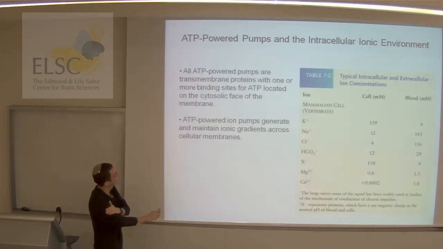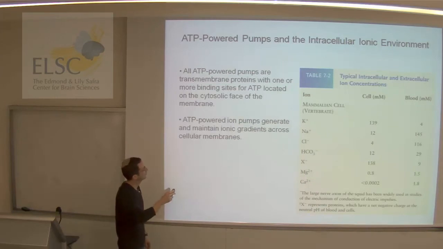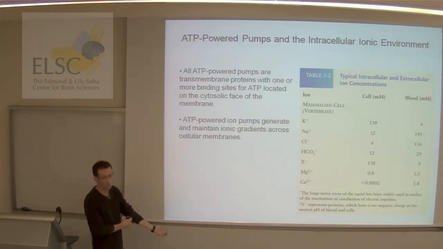All of these pumps, as all other transport proteins, are transmembranal. They would always have an ATP binding site in the cytosolic side of the protein, right? Because they have to bind ATP and hydrolyze it to have the energy to transport the ion.